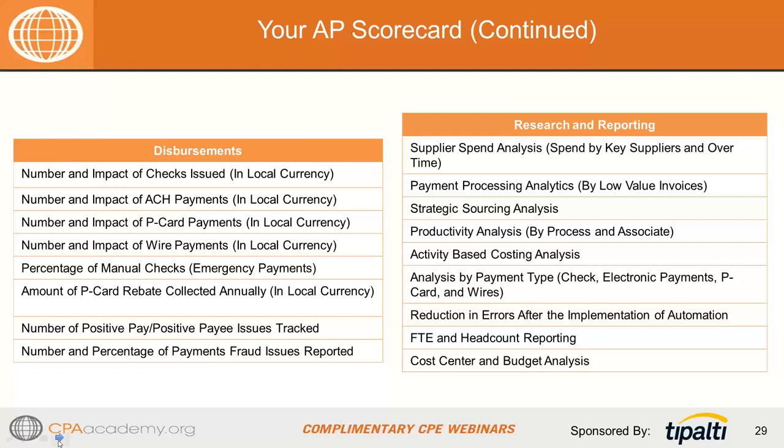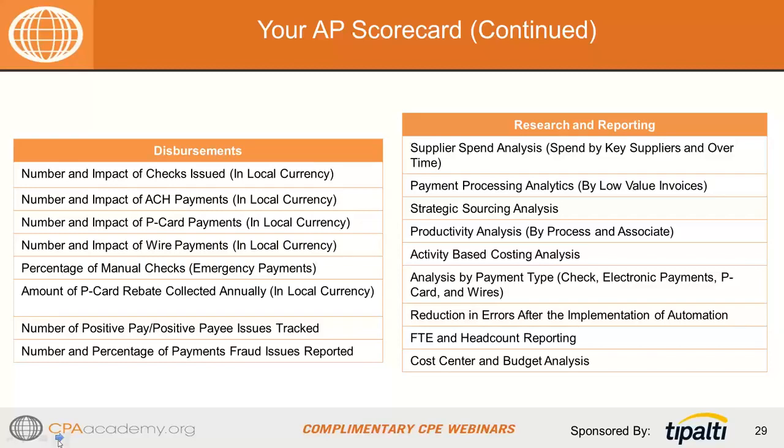And if we're paying our suppliers with P cards or procurement cards, that would be the rebate that you'd want to track, and it's usually collected on a monthly, quarterly, or annual basis. Number of positive payee issues tracked, number and percentage of payment fraud issues reported.